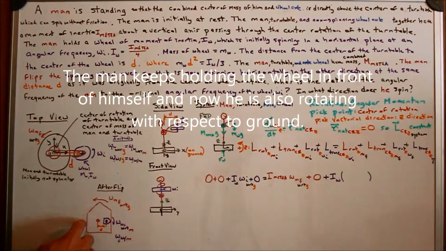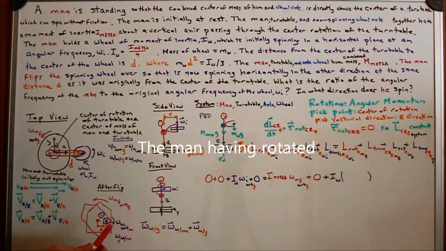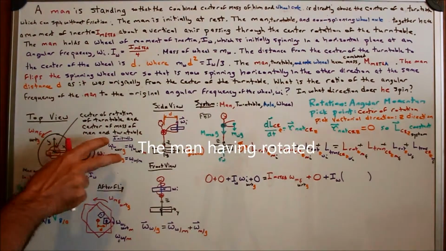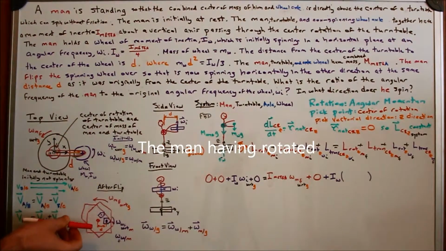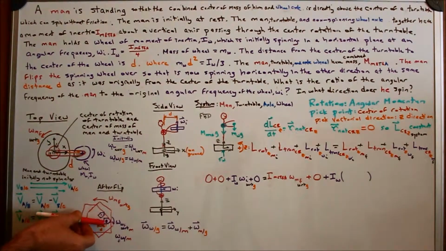But the man is potentially rotating. So let's draw them both at just a moment later. Now I've drawn this having rotated here, and let's imagine that the wheel's not even spinning for this case. So the wheel's being held by the man and is pointed this direction.